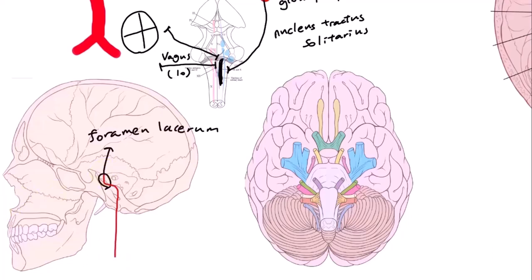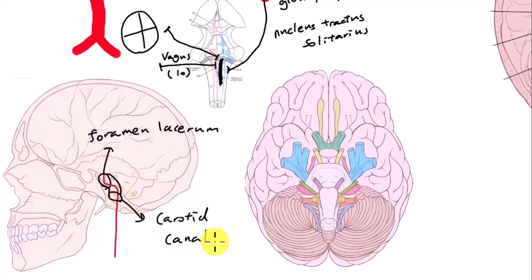And that carotid canal is right here, and it creates a little tunnel towards the foramen lacerum. So the internal carotid artery rises, enters the carotid canal, and through the carotid canal exits out of foramen lacerum and enters the cranial cavity.